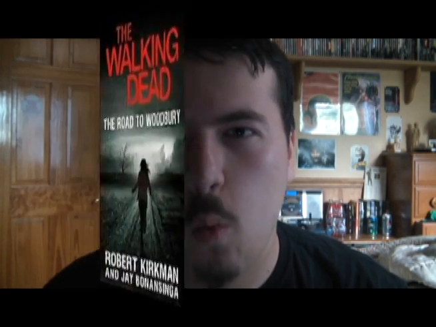The second book, The Road to Woodbury, explained the origins of Lily Cole, another really important character from the comics. So now, in The Fall of the Governor, you see Lily's and the Governor's stories finally coming to a close.